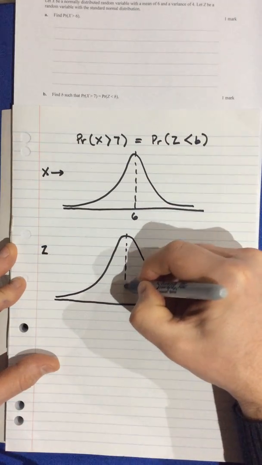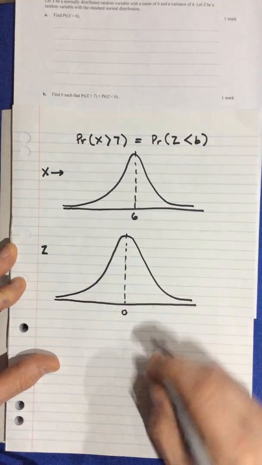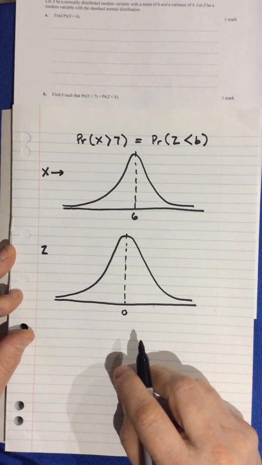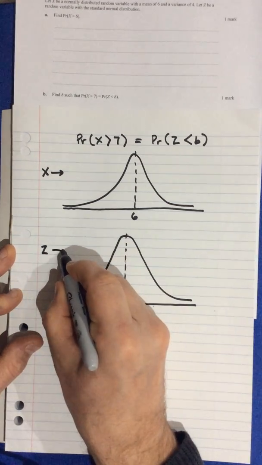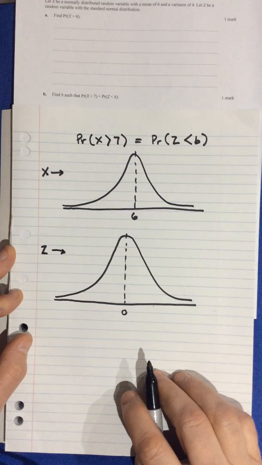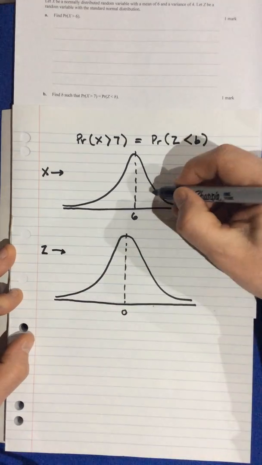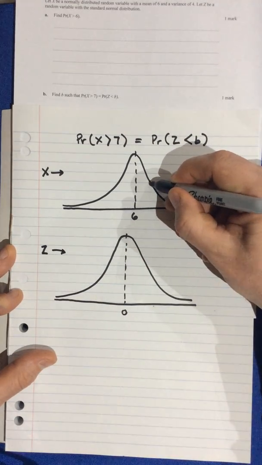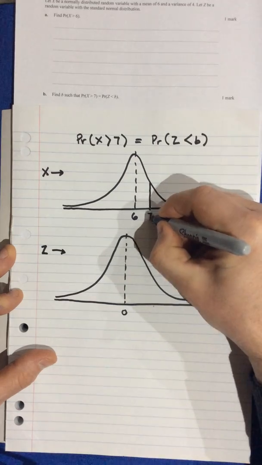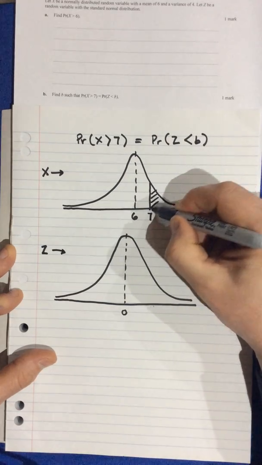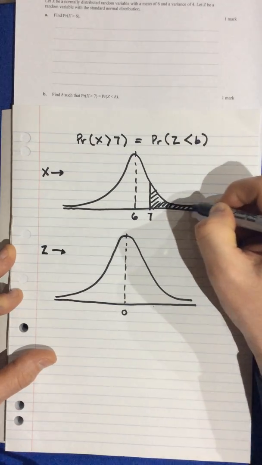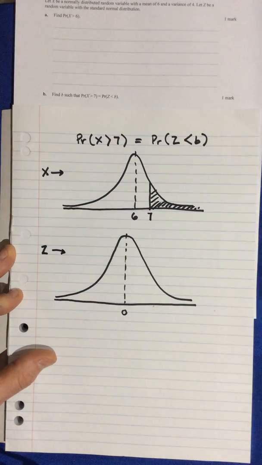It's got a mean of 0 because it's a standard normal distribution, and its standard deviation is 1. So the question is, if X is 7, let's say that's 7 there, then all of the values greater than 7 correspond to that.